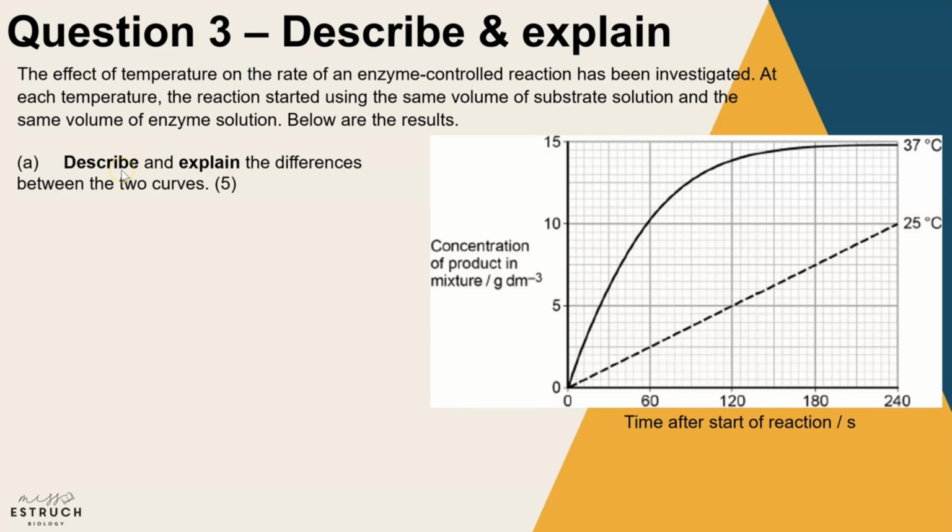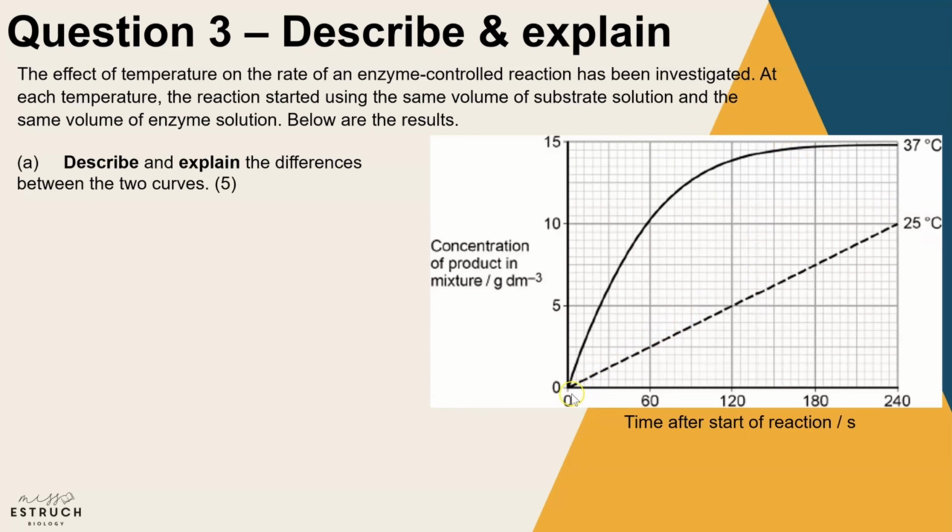So if we start with a description, this is where you say what you see. And this is describing the differences, remember, not just describing the two curves or lines. So the difference for 37 degrees C, we can see that there's a faster initial rate of reaction shown by this steep gradient. However, it plateaus after about 180 seconds.